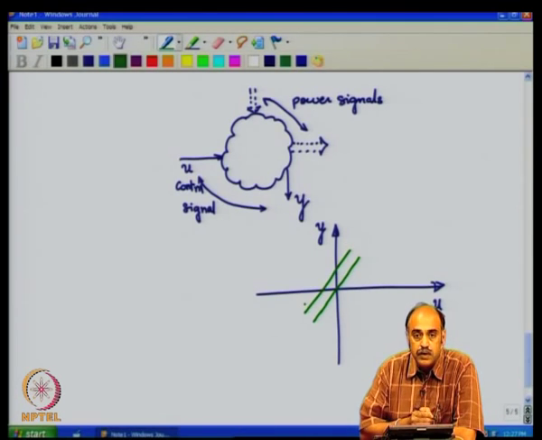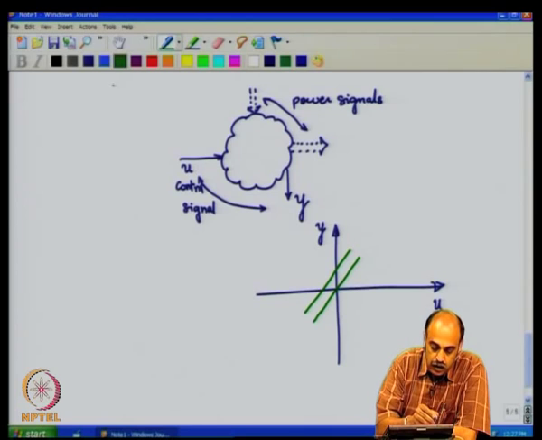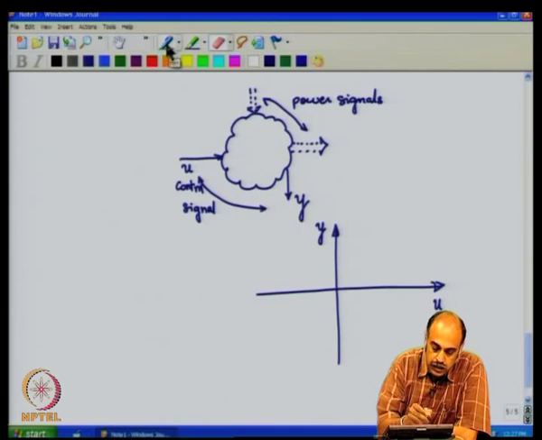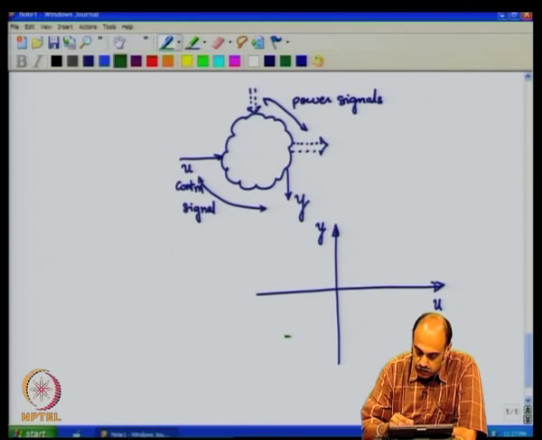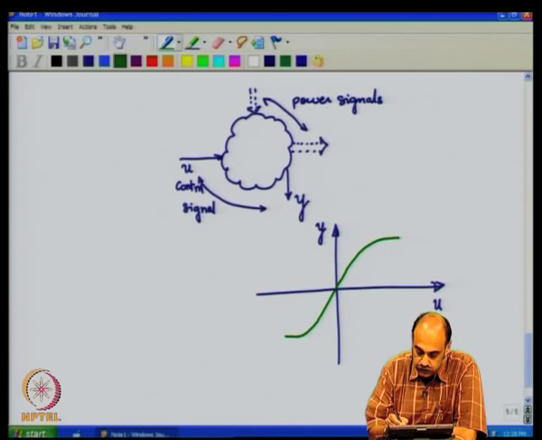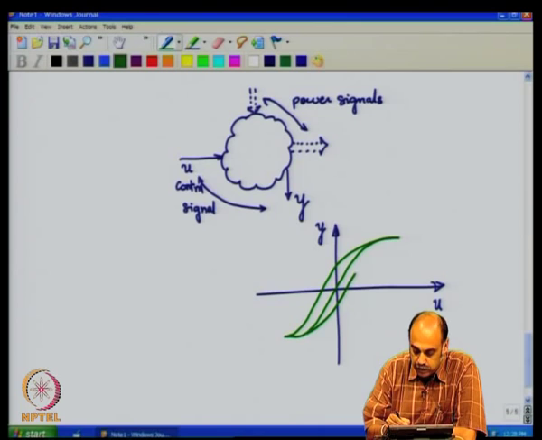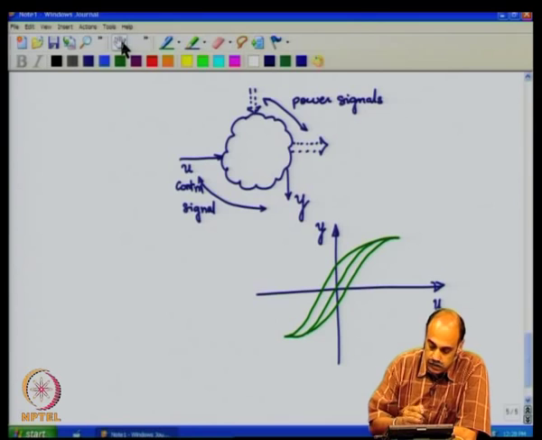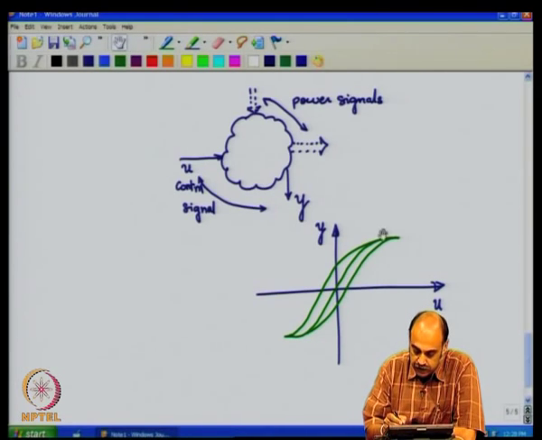It could be in this fashion, or it could also be partly linear and partly nonlinear with a saturation. It is a nonlinear characteristic, or it could also have memory, hysteresis, and various other characteristics.